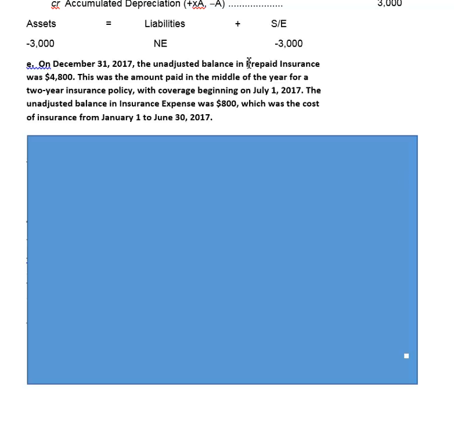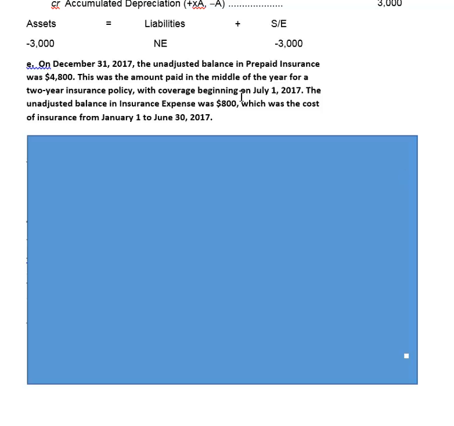We renewed our coverage in July. Now we've got to expense coverage from July the 1st to December 31st, 2017. So whatever coverage we had on June the 30th, it expired, and we incurred that cost from January to June. Now we bought our insurance, we renewed our policy, and now it's going for 2 years.